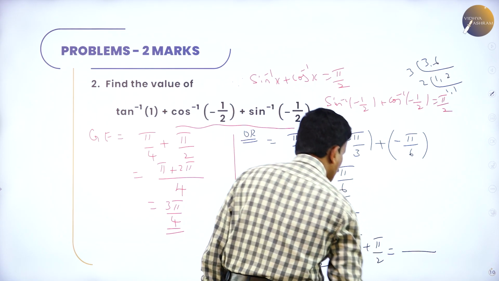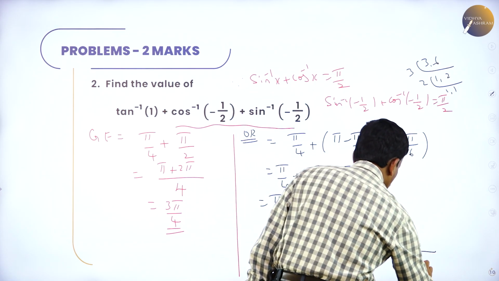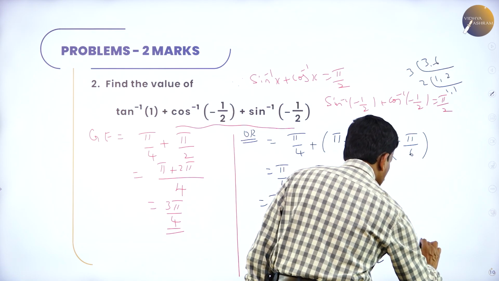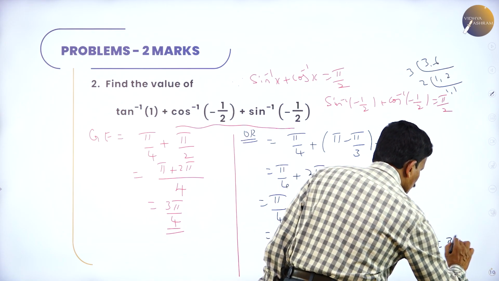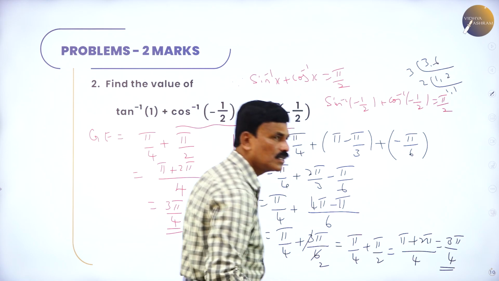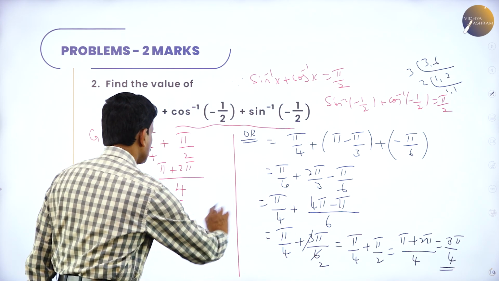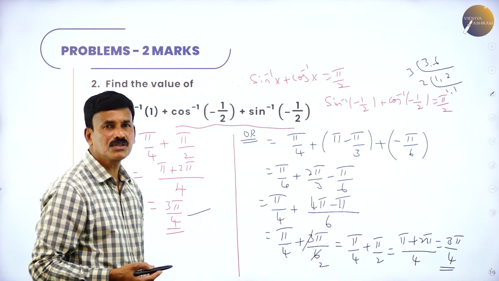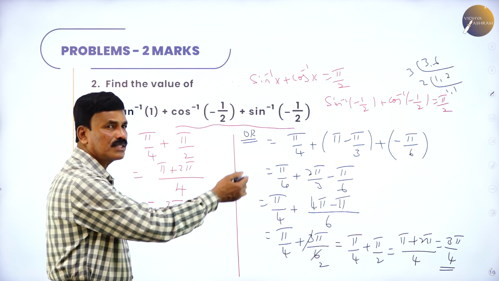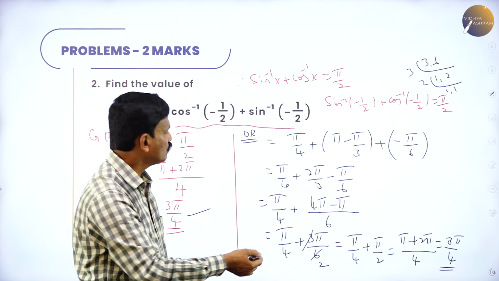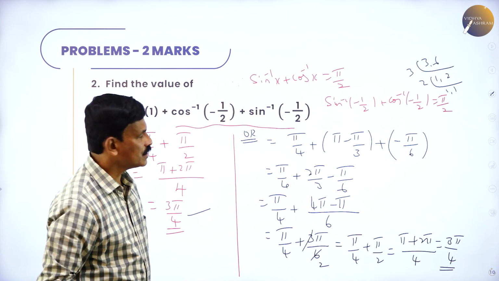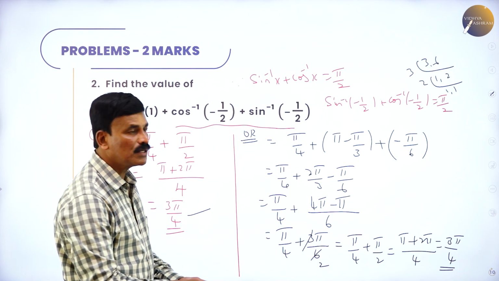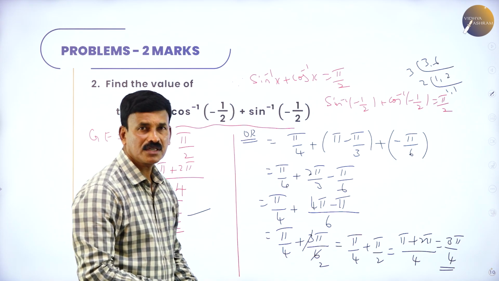Now, take LCM. 4 is the LCM, pi plus 2 pi, this is equal to 3 pi by 4, that is it. So, the simplified answer is 3 pi by 4. You can solve like this or this, any method you can follow. This is by the direct property method, and this is by substituting the values of standard angles, that is it.